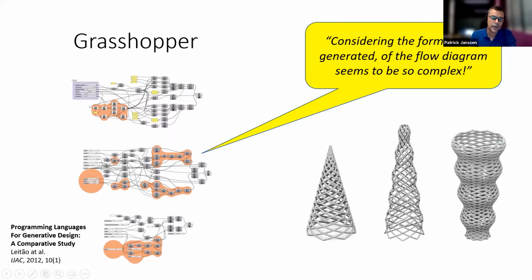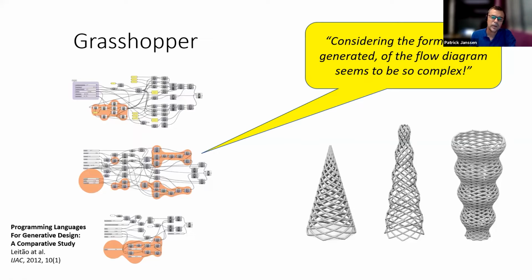The models are quite complex, but on the other hand, they're not that complex. And the Grasshopper networks on the left seem to not be commensurate with the complexity on the right. There just doesn't seem to be a relationship between the two.